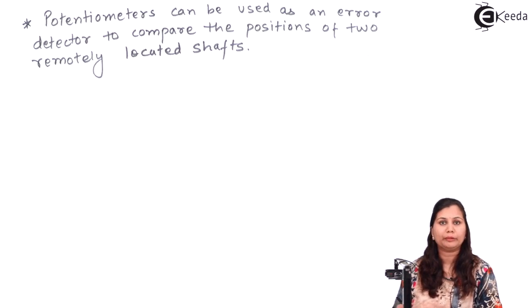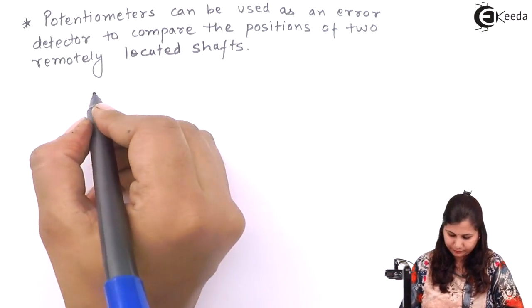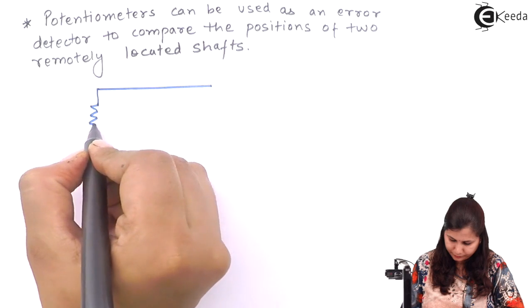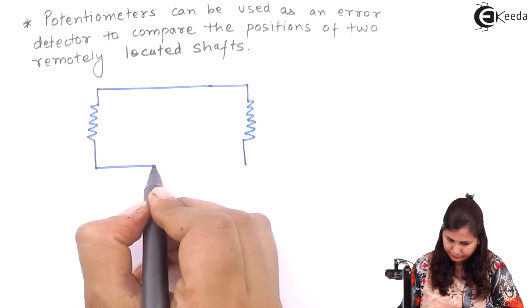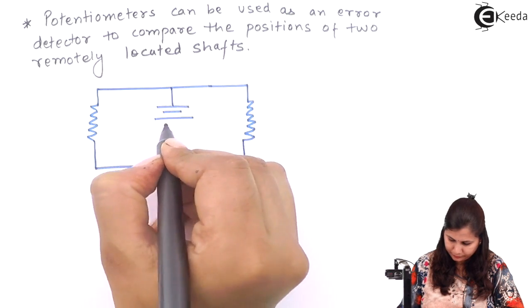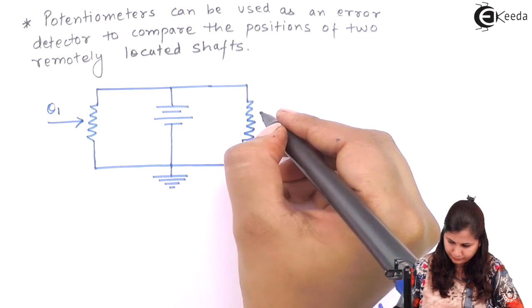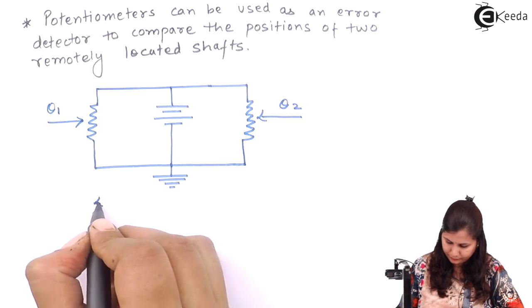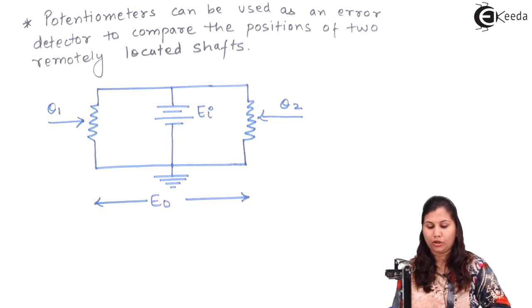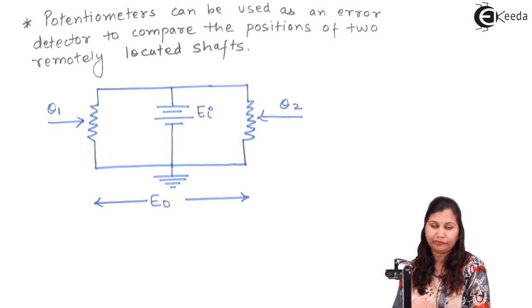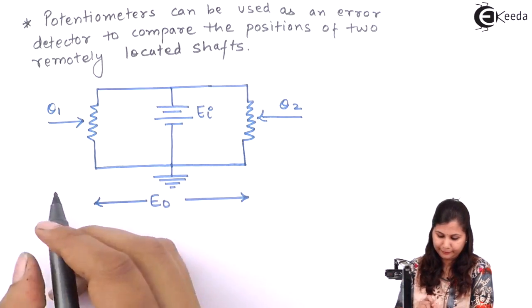So let's see what the circuit for that will be. This is the circuit diagram when we want to use the potentiometer as an error detector.